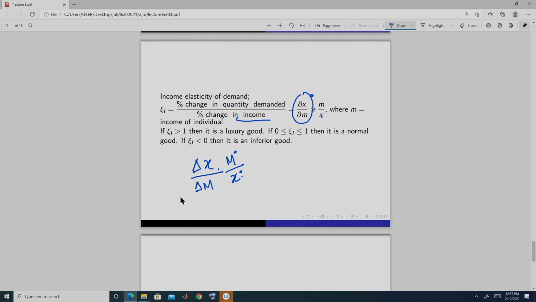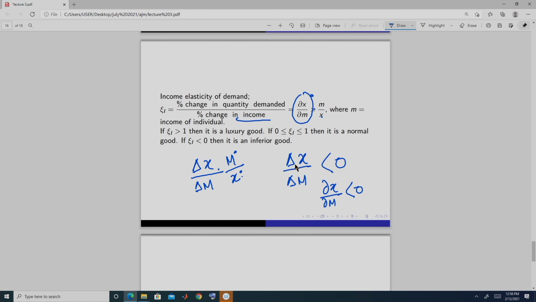Now if this takes a positive value, then it is not an inferior good, and it can take a negative value when this term is negative. It means, if you increase income, by how much is quantity going to increase.